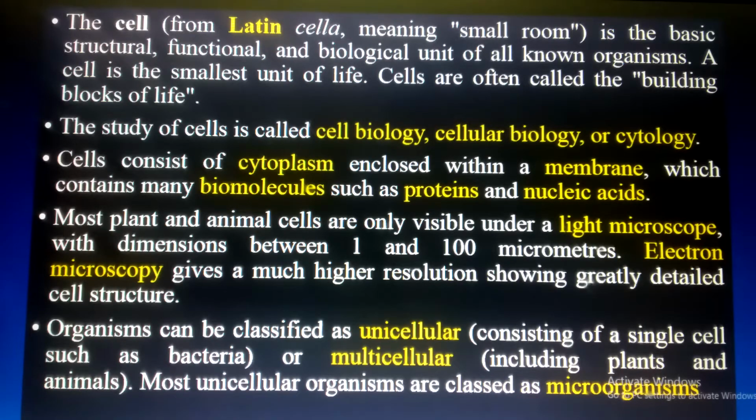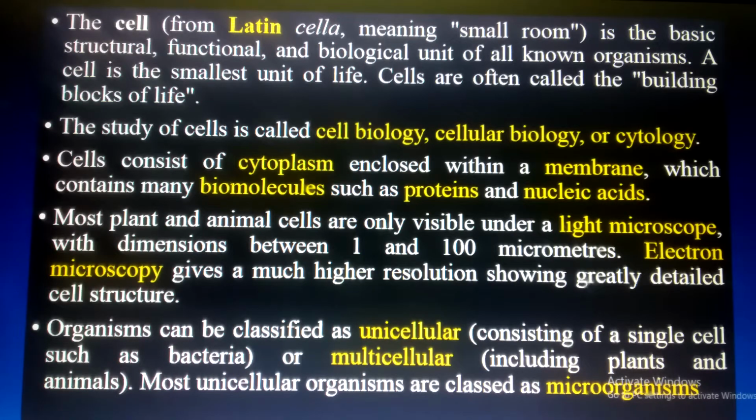In some cases, like in plants, bacteria and fungi, the cell membrane is also enclosed by another wall, which is known as the cell wall, which I will discuss later on. The cytoplasm contains many biological molecules or biomolecules, such as proteins, nucleic acids, carbohydrates, lipids, and many more.